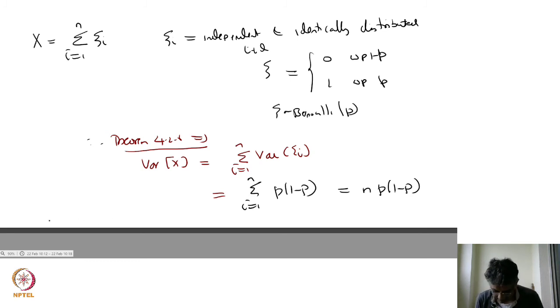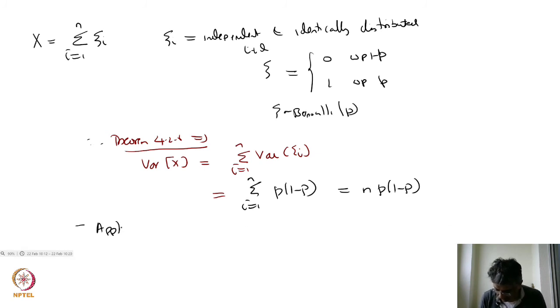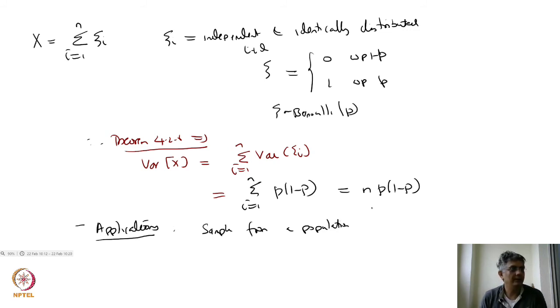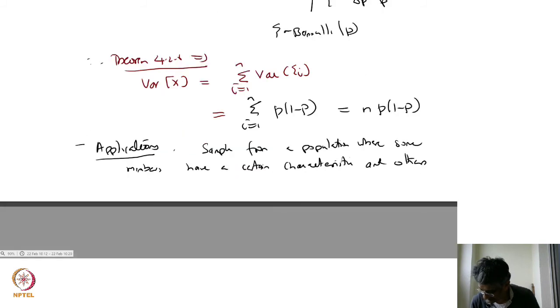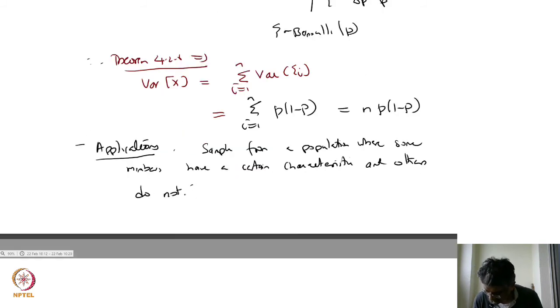So from an applications point of view, if you were to sample from a population, where some members have a certain characteristic, others do not, right? So this is something that's very useful.